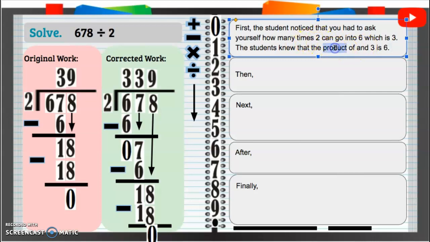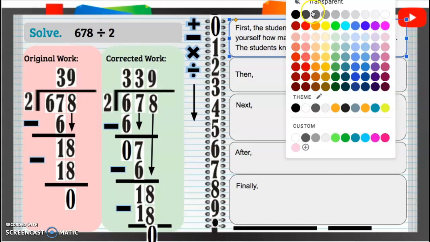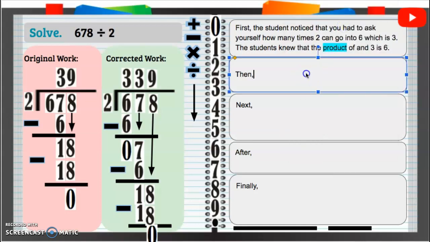Also, I know that the word product is going to be a vocab word, so I'm going to highlight that. So first, the student noticed that you had to ask yourself how many times 2 can go into 6, which is 3. The student knew that the product of 2 and 3 is 6. My bad. This is why I reread it.